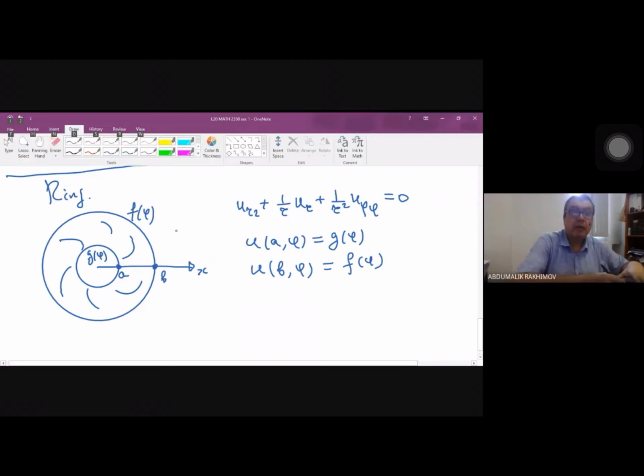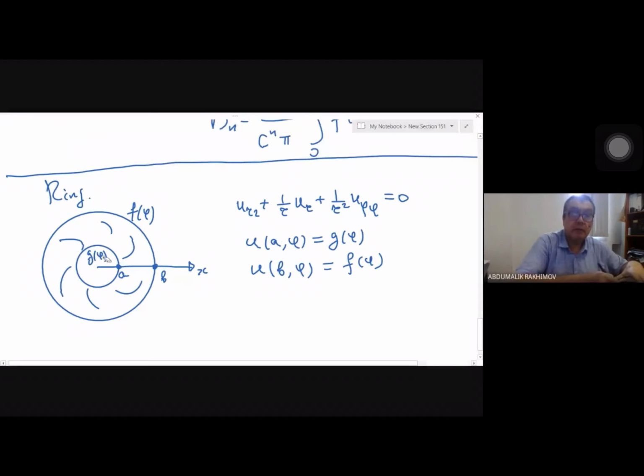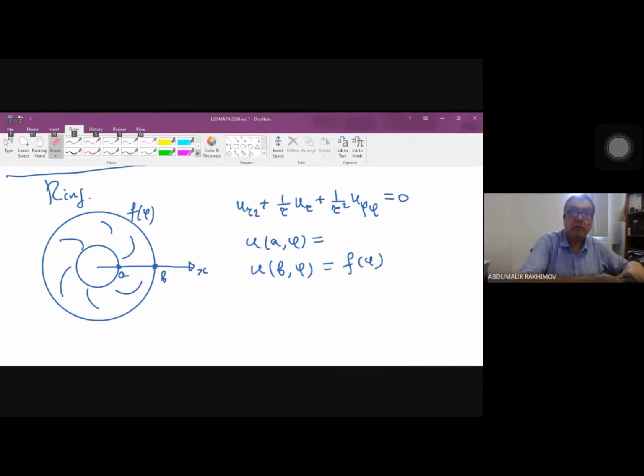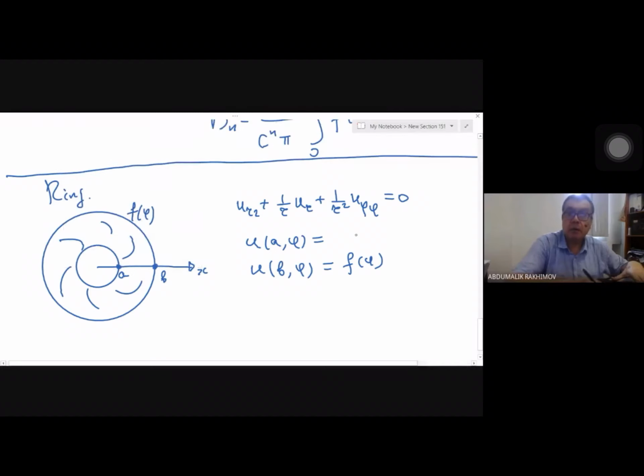Let it be one of them. The solution is very similar. Let's say U at r equals A is 0, so we have 0 on this line. Then we have the equation and two boundary conditions.